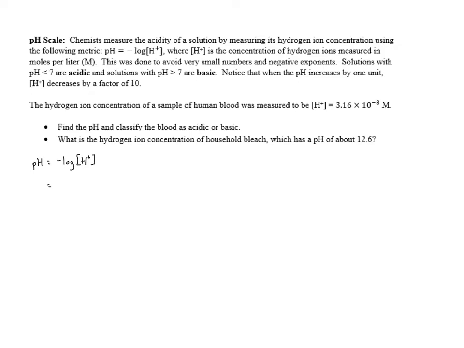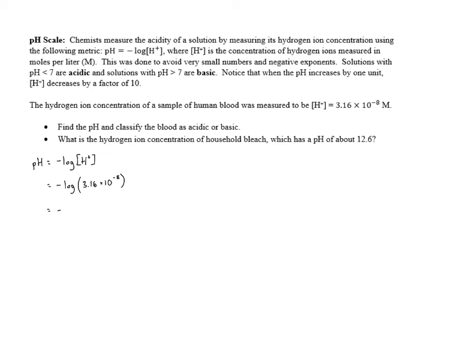So we need to take the opposite of the logarithm of 3.16 times 10 to the negative 8. And we're actually going to use the laws of logarithms here to break this up. We know that the logarithm of a product is equal to the sum of the logarithms.